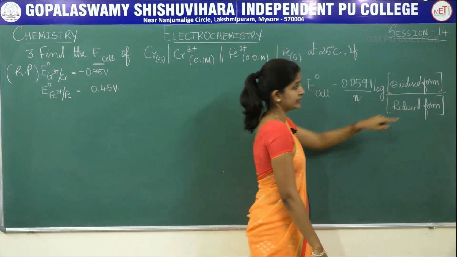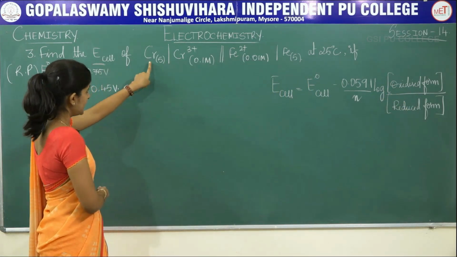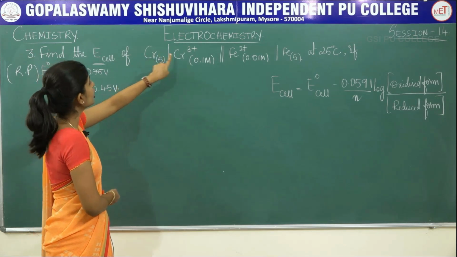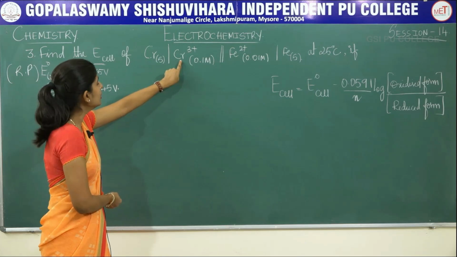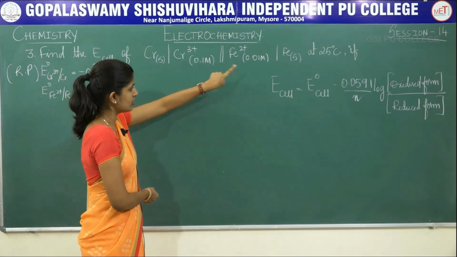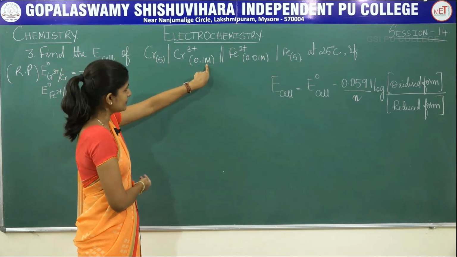For the oxidized form, which is the species undergoing oxidation, you can observe that it is chromium to chromium 3 plus. So it is oxidation, and the molar concentration of the oxidized form is 0.1 molar.